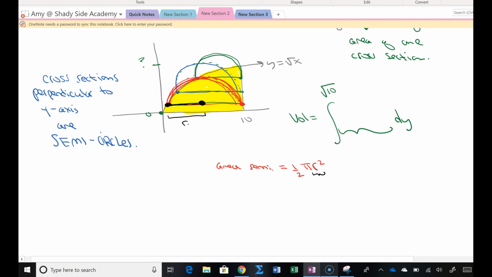We know the radius here equals 1/2 of the distance between this curve and this curve. Agreed? The radius is 1/2 of the distance between this curve and this curve.